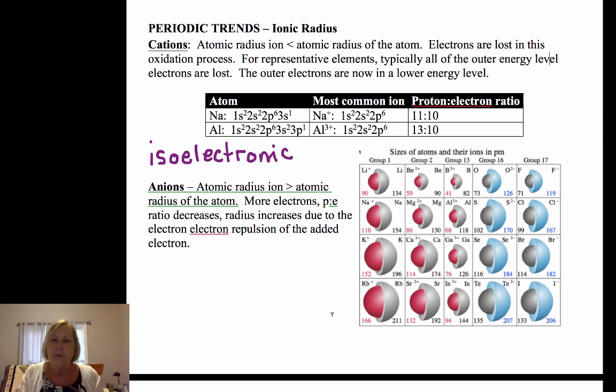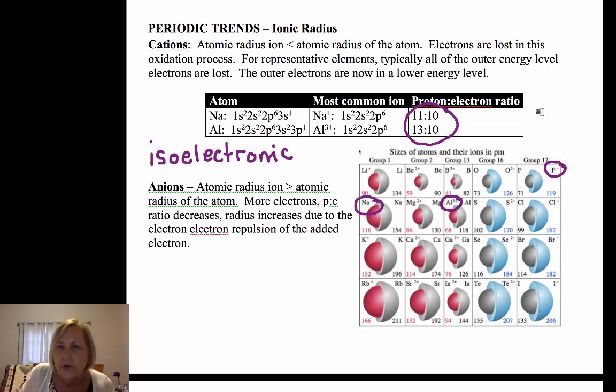Now, I'm going to talk about this proton-electron ratio in a minute, but what I'd prefer to do is this. I want to look at ions that have the same electron configuration. So let's take, for instance, the aluminum ion, the sodium ion, and the fluoride ion. All have the same electron configuration.